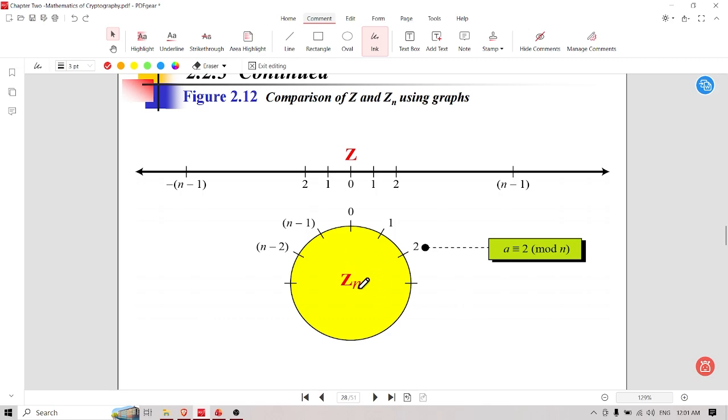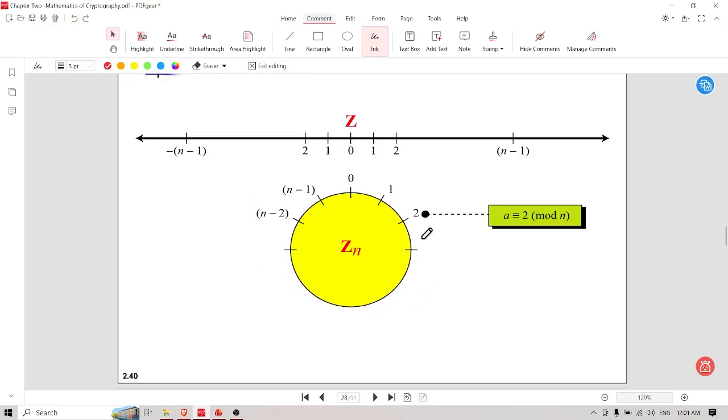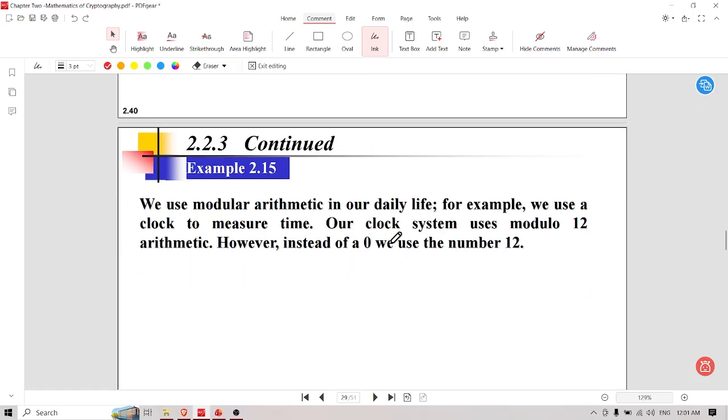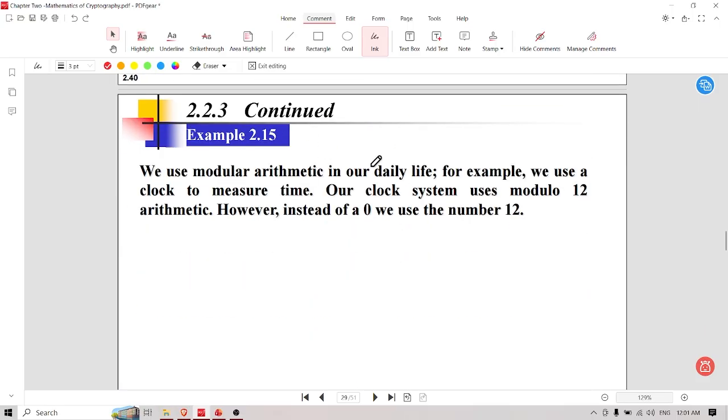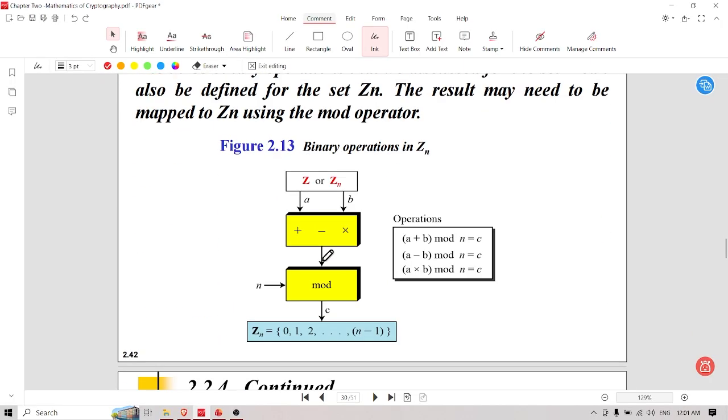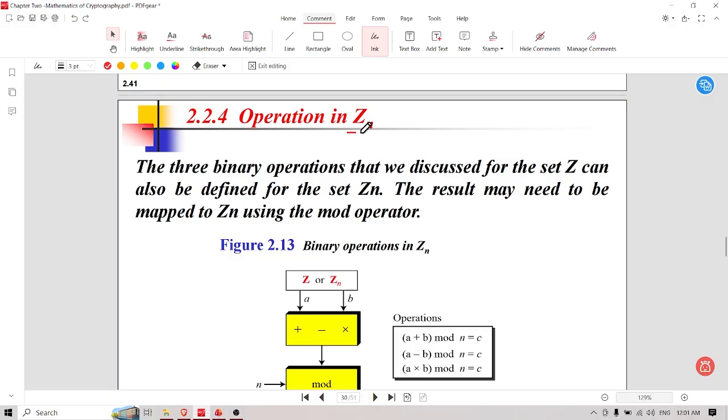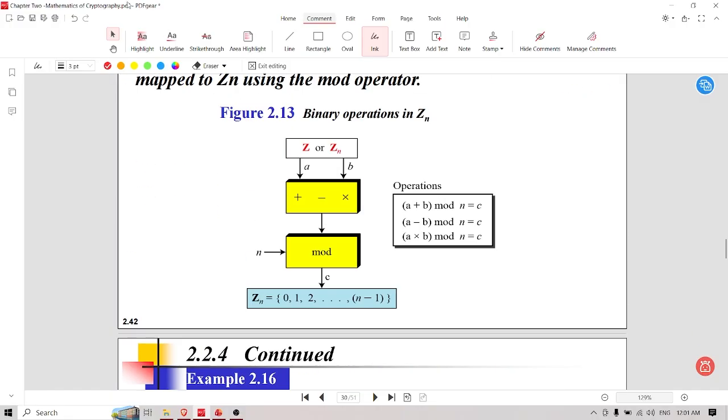In here, it says that a is congruent to 2 mod n. Now, we use modular arithmetic in our daily life, just like the clock system. However, the modulo is 12, not 10 or any other number. Now we will explain the operations in Zn.